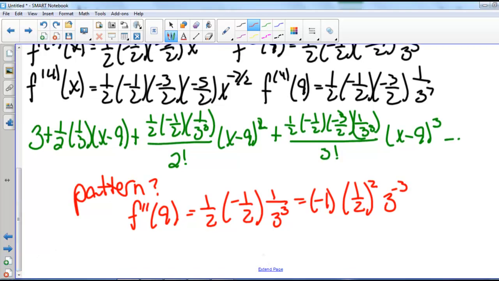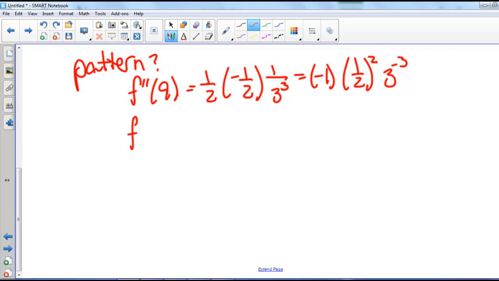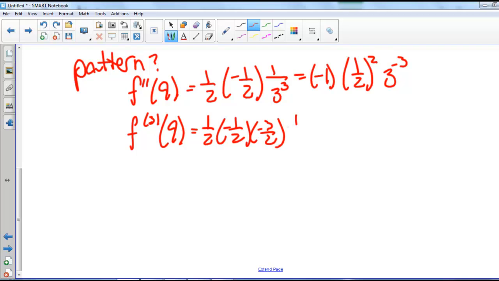The third derivative at 9 was 1/2 times negative 1/2 times negative 3/2 times 1 divided by 3 to the 5th. So that's negative 1 squared times 1/2 cubed times 3 to the negative 5th times 3.